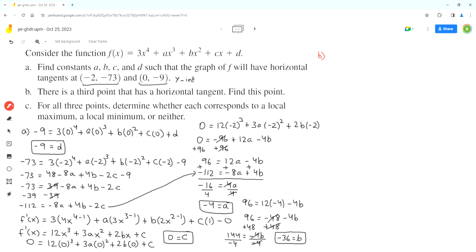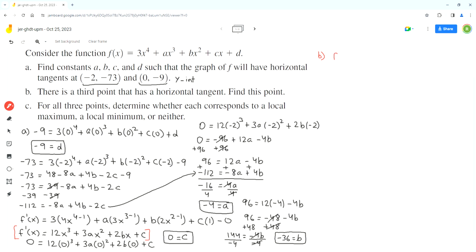That means at this third point the derivative of this function should be equal to 0. So we should start by writing the derivative of the function that we found in part A. So that's this equation, and we can sub in the appropriate values of a, b and c.